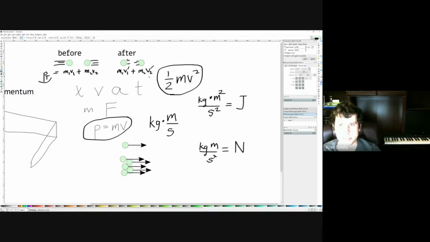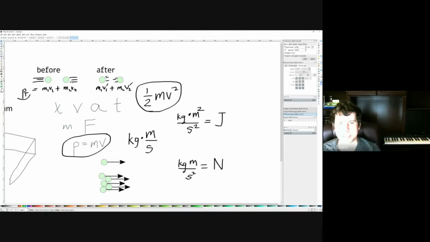They'll tell you one of these. What's the other object do? And so you'll plug it in to this equation. You'll say, well, I know the total from before. So that equals this mass times an unknown plus this mass times the given. So you can solve it that way. Maybe we'll do one of those right now.